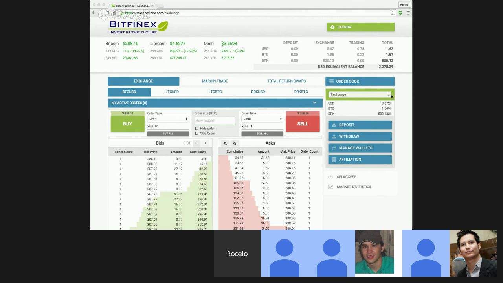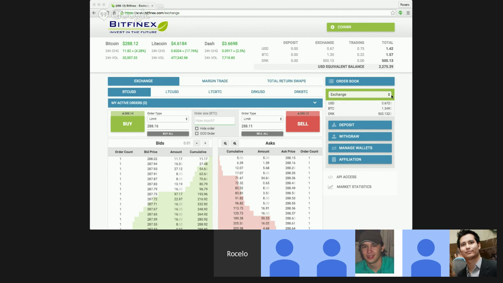The difference between them is basically what we're going to do with each one of them. To invest on Bitfinex, the money or the Bitcoin must be on the deposit.